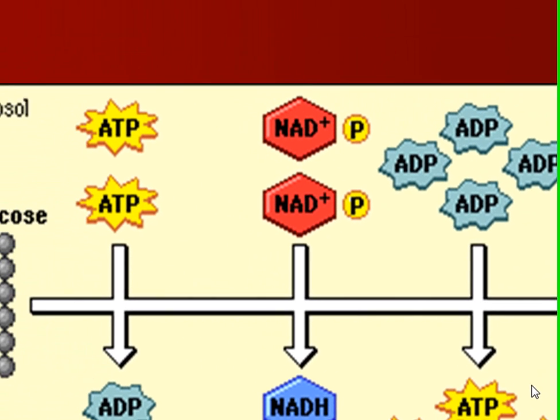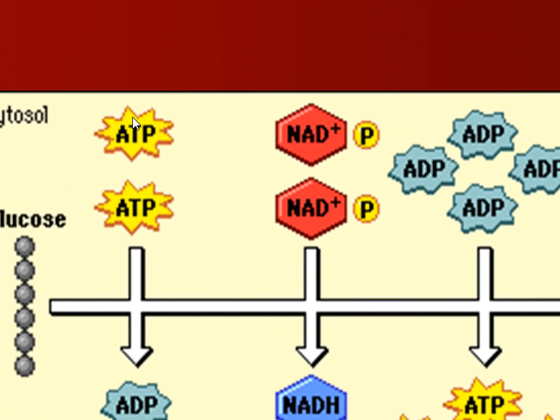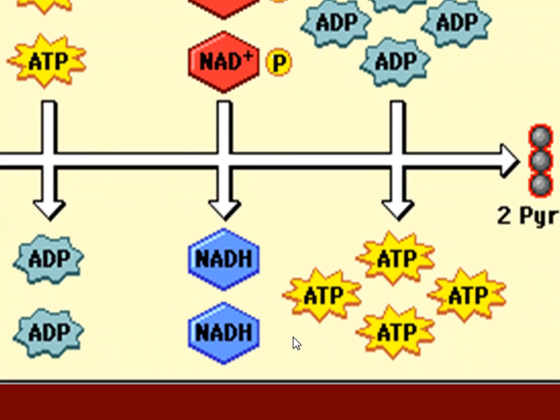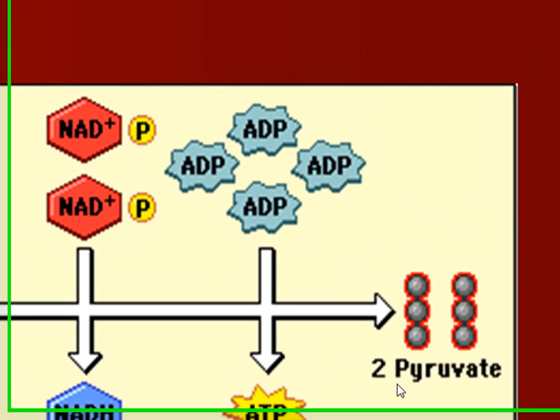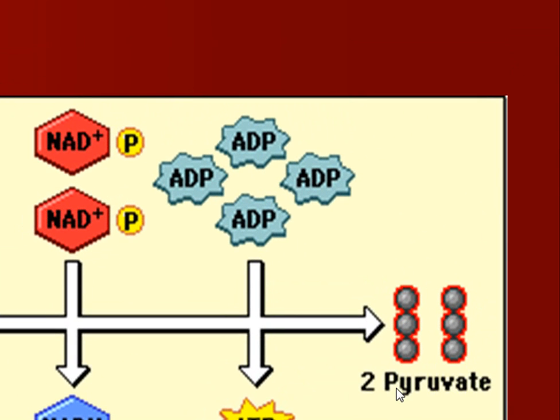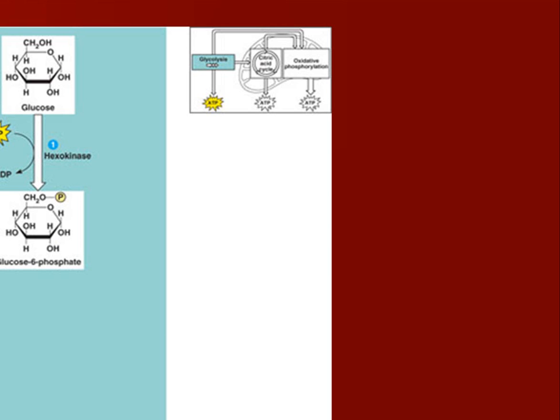So if you take the 2 here and eliminate 2 here, it gives us a net gain of 2 ATPs, 2 NADHs, and 2 pyruvates. Now your textbook goes into all of the chemistry of this. But as you look at this reaction, it should follow a lot easier now.